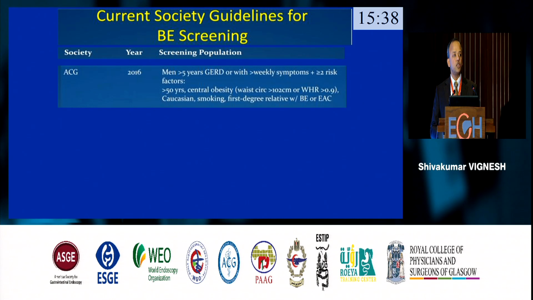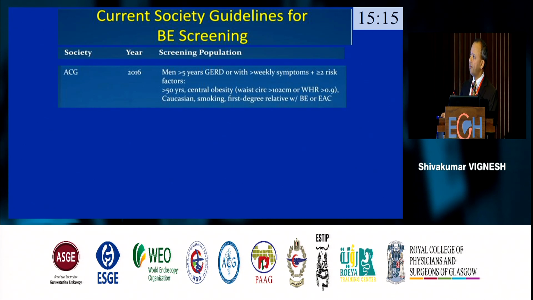So there are multiple society guidelines. I just wanted to touch on one of them, which is more recent and more detailed, the American College of Gastroenterology. So for men with greater than 5 years of GERD or with weekly symptoms and at least 2 or more risk factors, and again, risk factors are age over 50, central obesity, where you have the waist circumference and the waist-hip ratio, being Caucasian, smoking, first-degree relative.